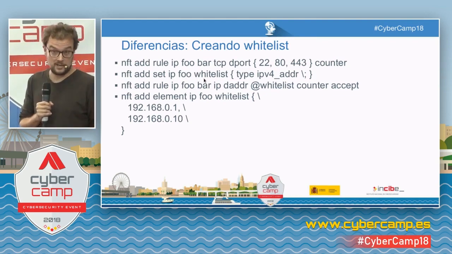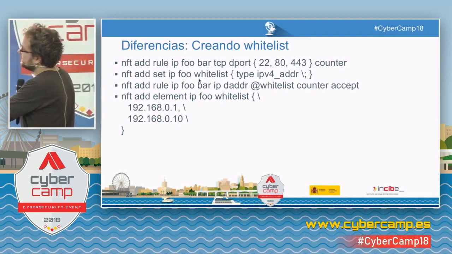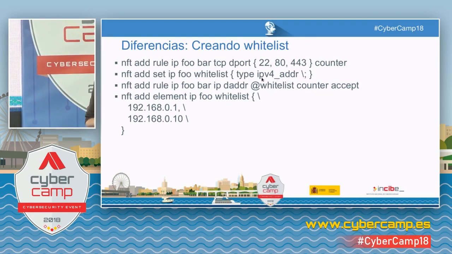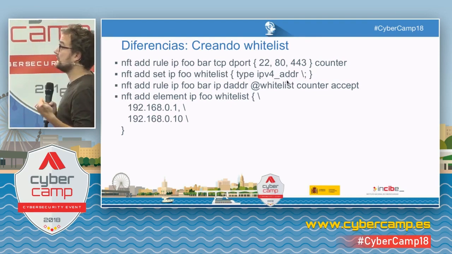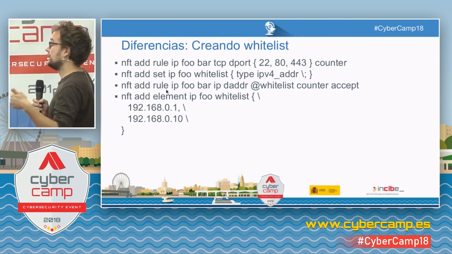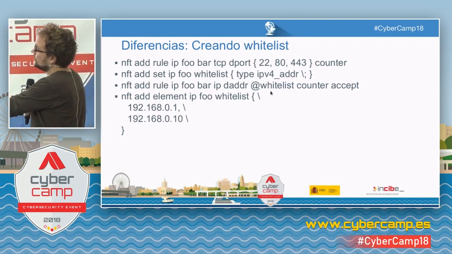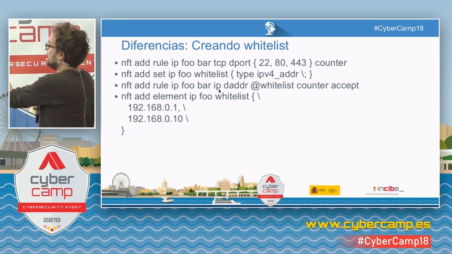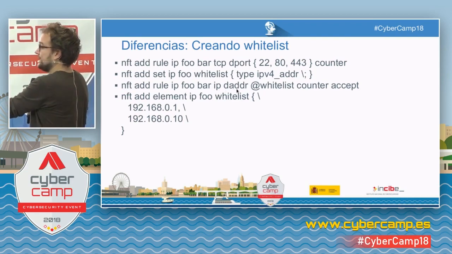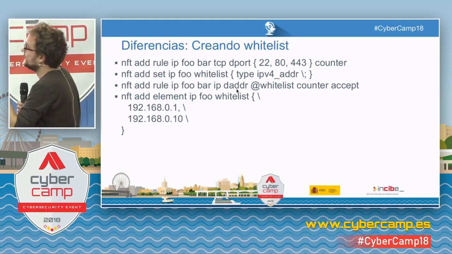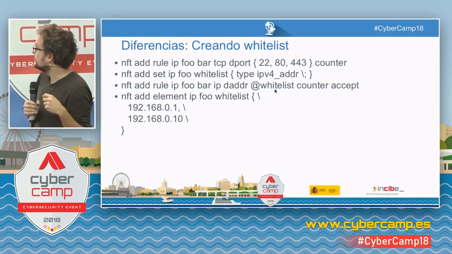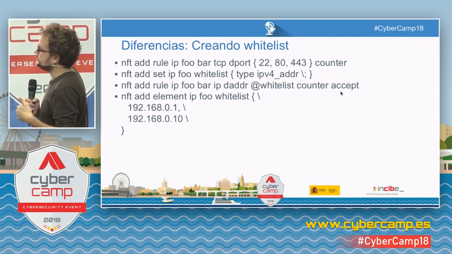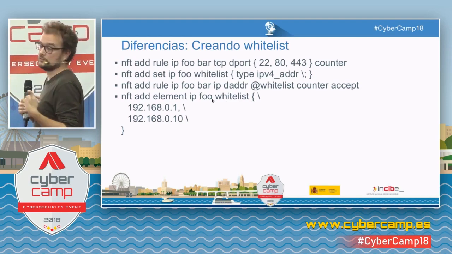I want to register whatever I want, the chains, the tables, and I name it whatever I want. That whitelist will save IPv4 addresses. And as for the rule, for every rule that matches this here, no condition, by the way, if they lead to a given IP destination on the whitelist set, we will count the packets and add them.